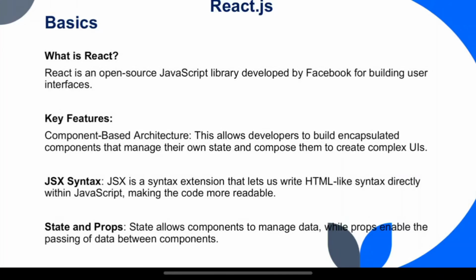Next is JSX syntax. JSX is a syntax extension that lets you write HTML like syntax directly within JavaScript, making the code more readable. Next is state and props. State allows components to manage data, while props enable the passing of data between components.